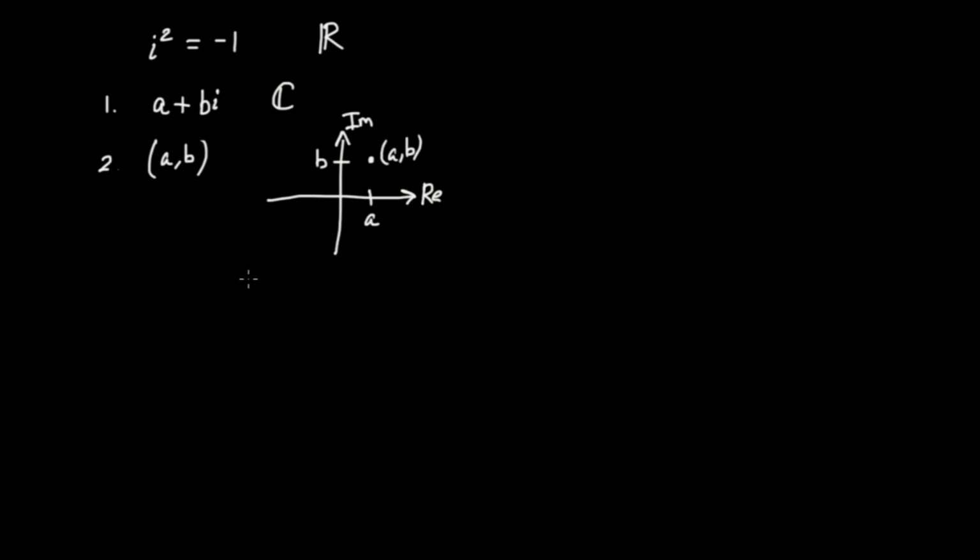And now, probably the most interesting part of complex number arithmetic is the sort of multiplication that this i squared equals minus 1 generates. Now, suppose we have some complex number, a plus bi, and I want to multiply it by another complex number, let's say c plus di. And again, a, b, c, and d are just some real numbers.